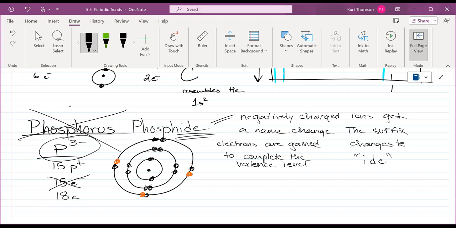Now, I'm hands off. I want you guys to do oxygen on your own. No, not oxygen. Change my mind. Sulfur. Do sulfur all on your own.